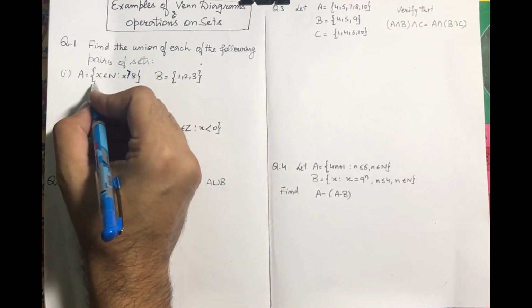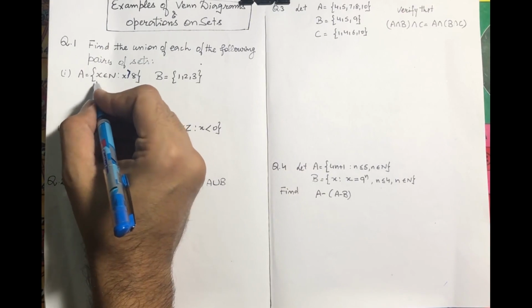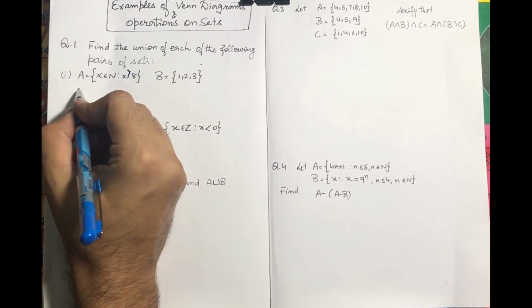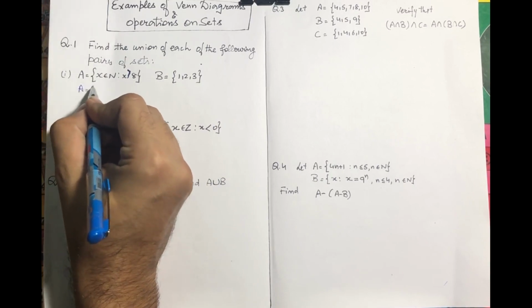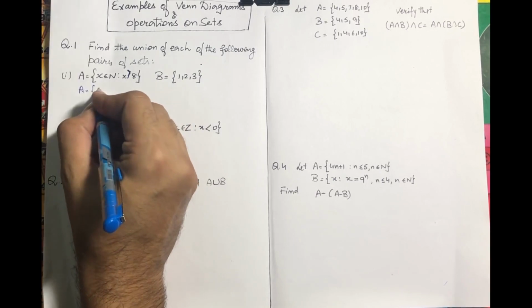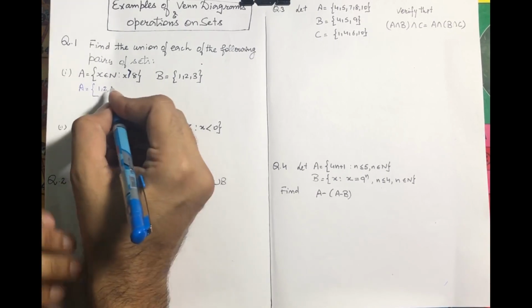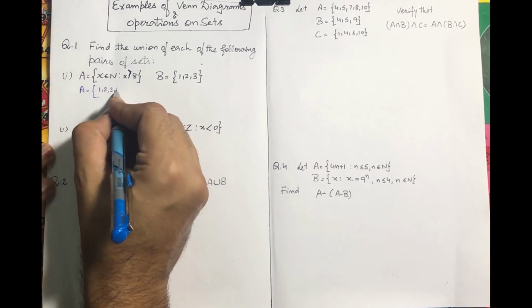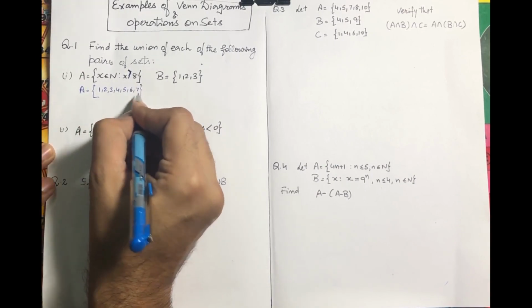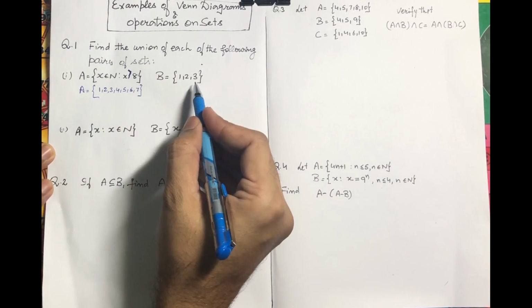First we are given set builder form, so we convert this into roster form or tabular form. How much is A then? Those natural numbers which are strictly greater than 8: 1, 2, 3, 4, 5, 6, 7. And B is already in tabular form.